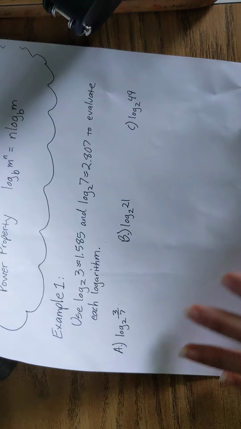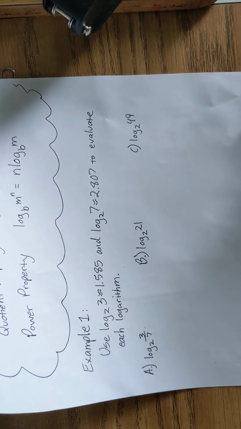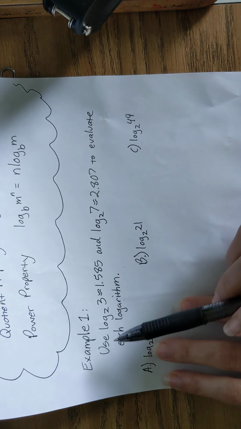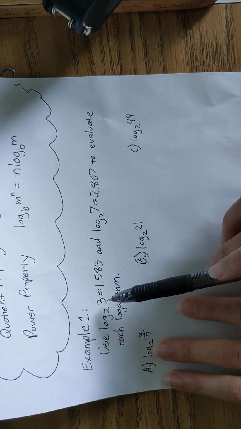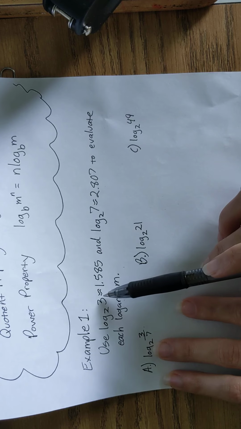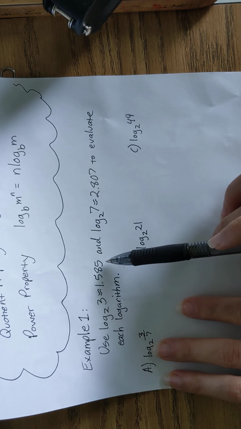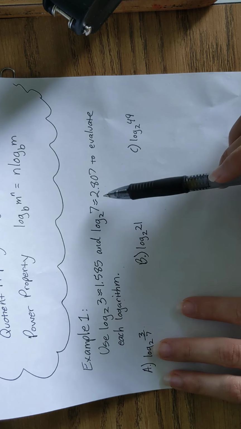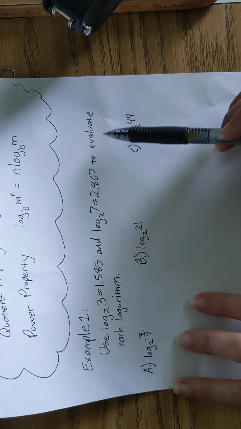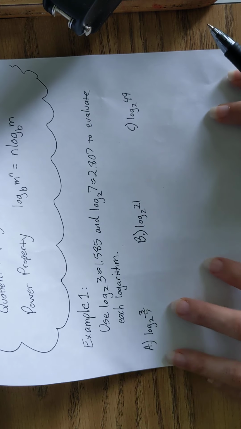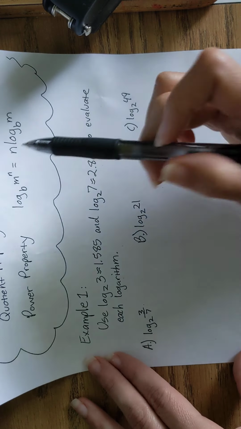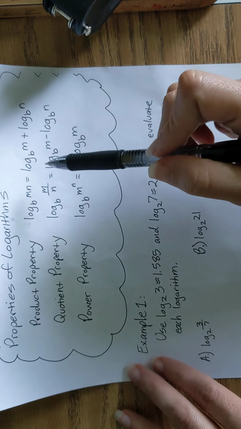Example 1 shows that we have some things given to us. It says use log base 2 of 3 is approximately 1.585 and log base 2 of 7 approximately 2.807 to evaluate each logarithm. Okay, so let's do what we did up here, how we expanded it out.